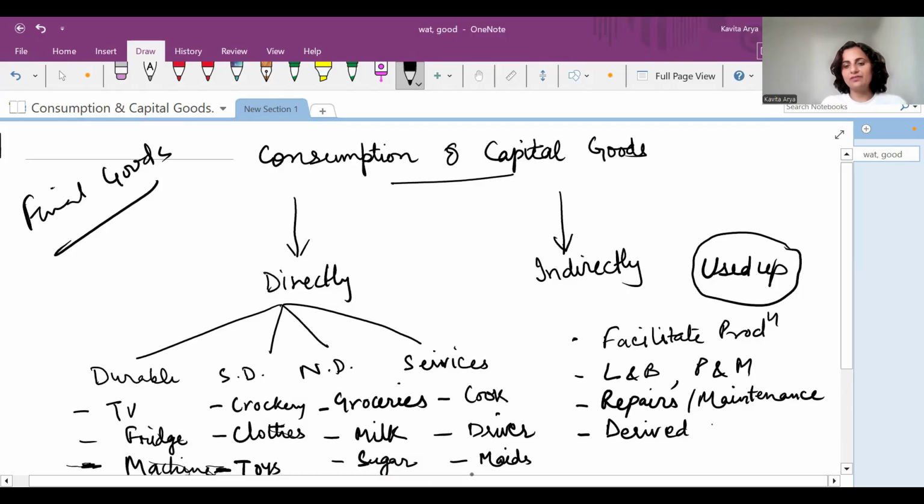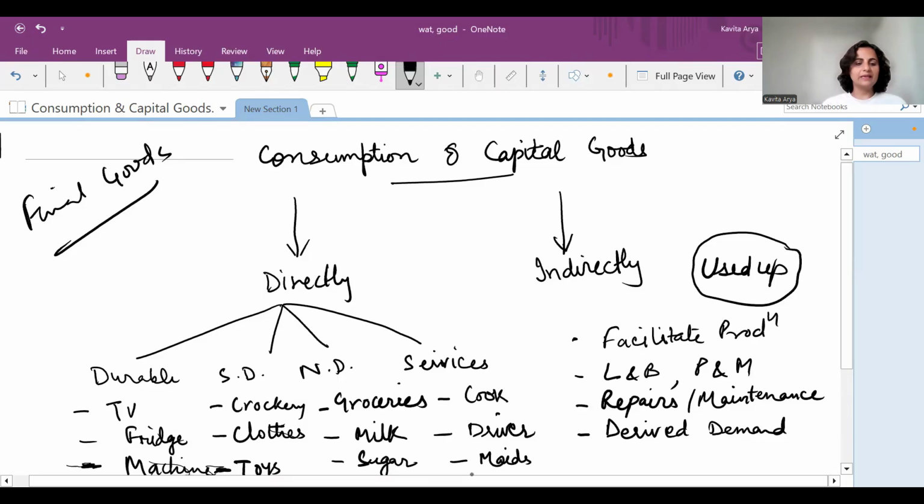When we say derived demand, a moment back I talked about food and the gas cooktop. If and only if I need food, I would be in need of a gas cooktop. So if food is demanded, then only the gas cooktop would be demanded.